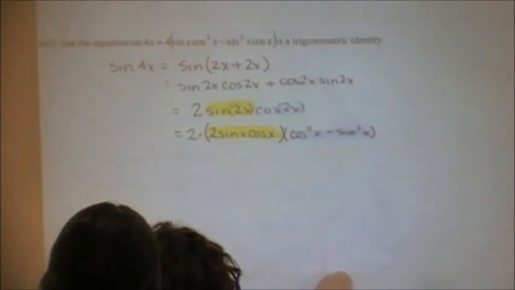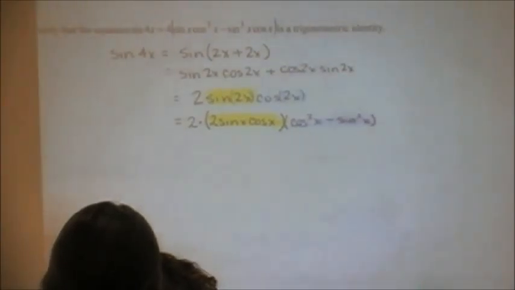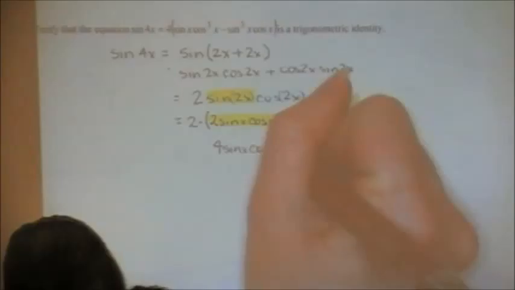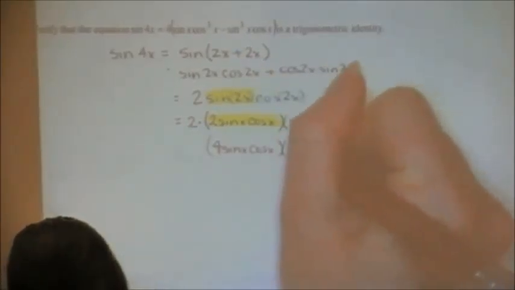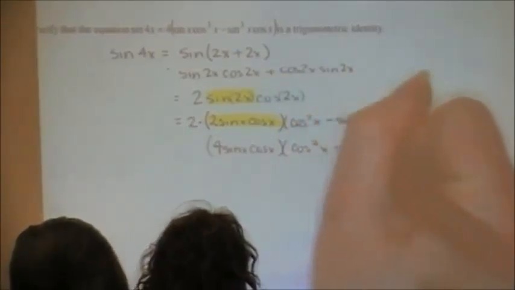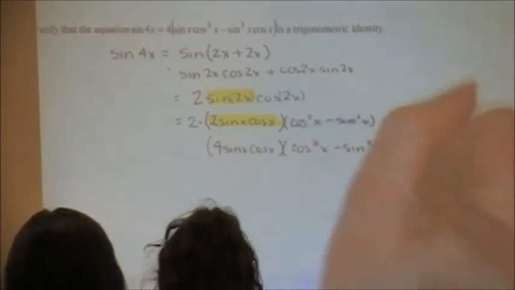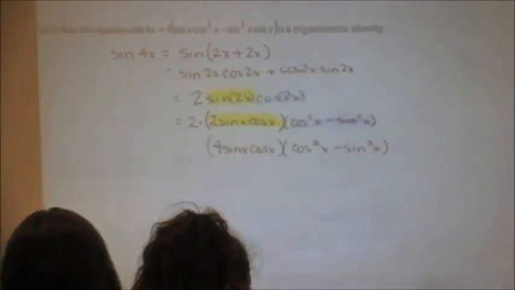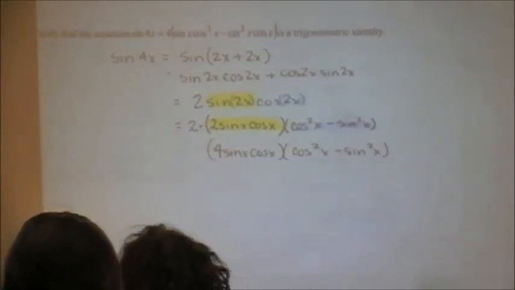Alright, now this is just multiplication. So now I'm just going to multiply. 2 times 2 gives me 4 sine x cosine x. It's not pretty, but at least you know I didn't cheat. Alright, now I'm going to distribute.